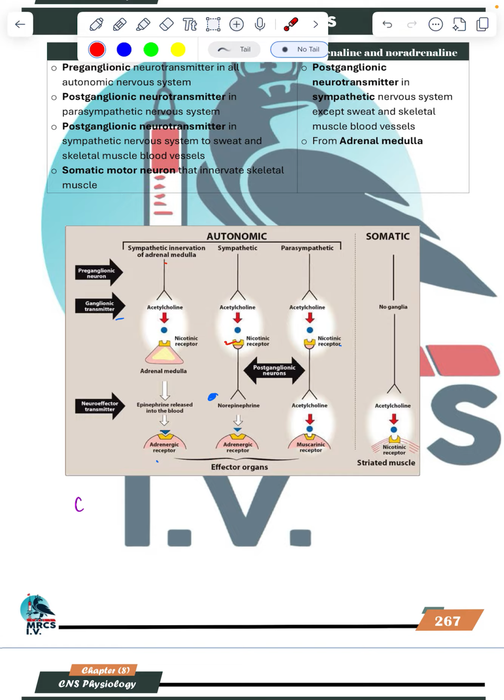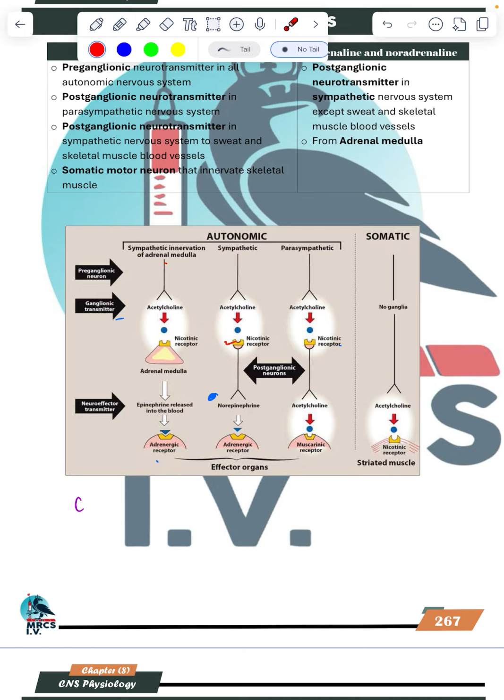When you come to the parasympathetic, the preganglionic is always acetylcholine, and all the receptors are nicotinic. Postganglionic fibers in the parasympathetic also release acetylcholine, and the receptors are muscarinic. So the difference is that parasympathetic has muscarinic receptors, while sympathetic has adrenergic receptors.